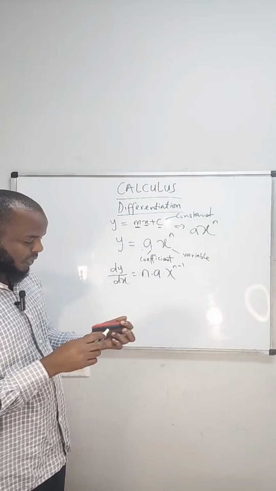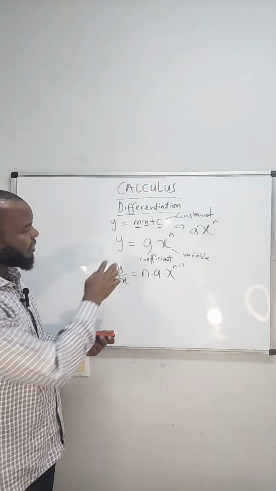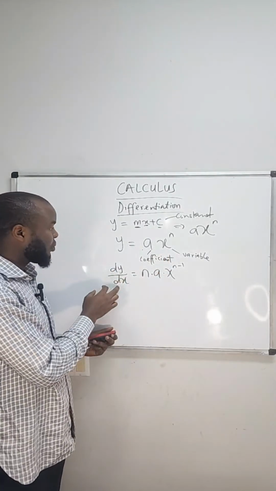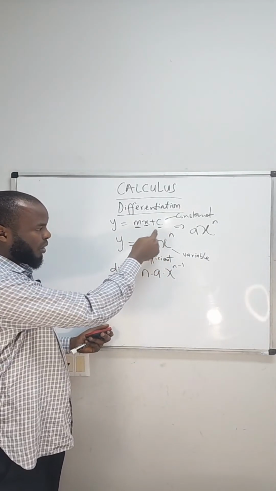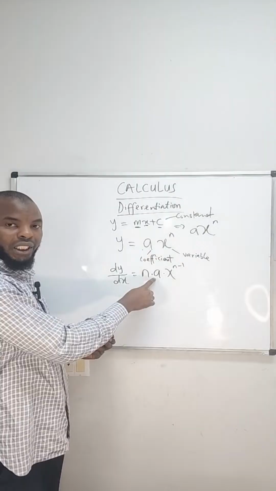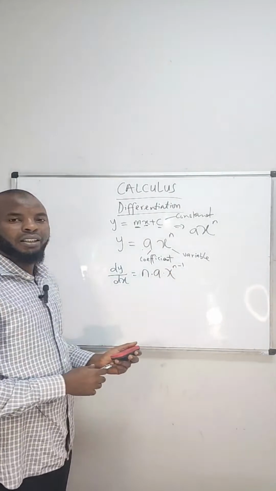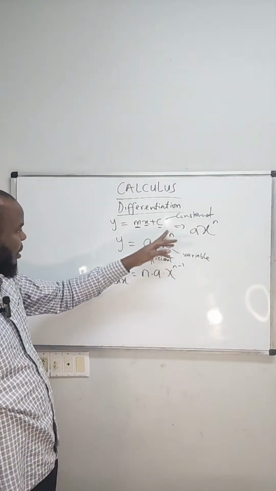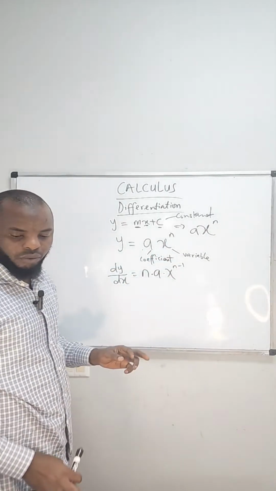What did I do? If you have the function y given as this, and you want to differentiate with respect to x, just bring the power down, multiply it with the coefficient, and take 1 away from the power. That is it. So you bring down the power, and you subtract 1 from it.